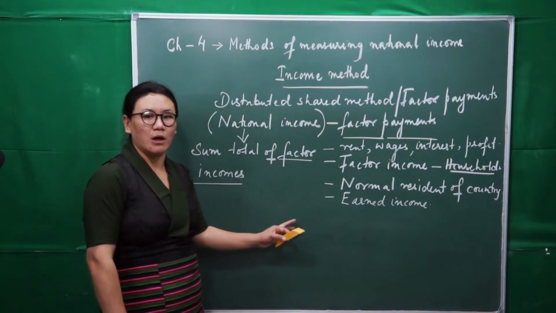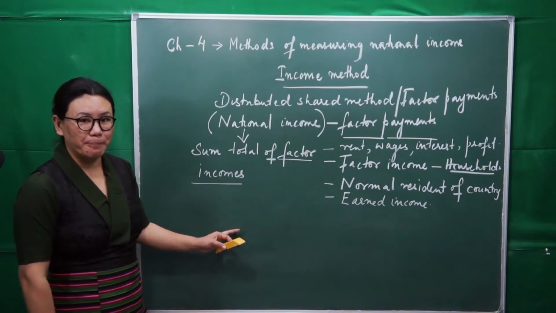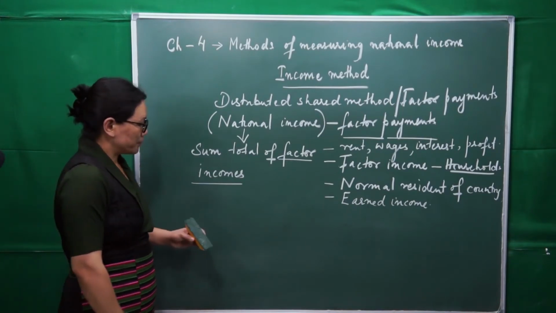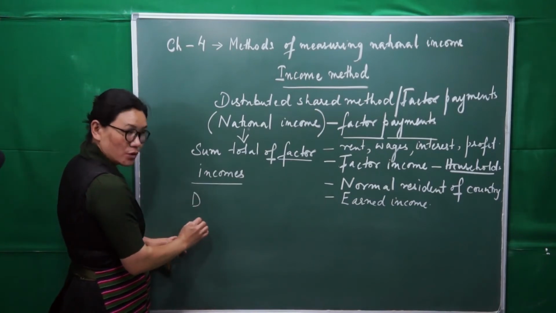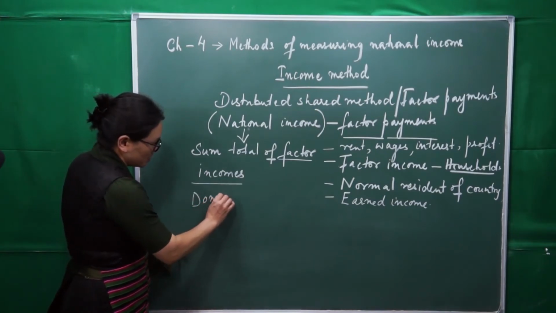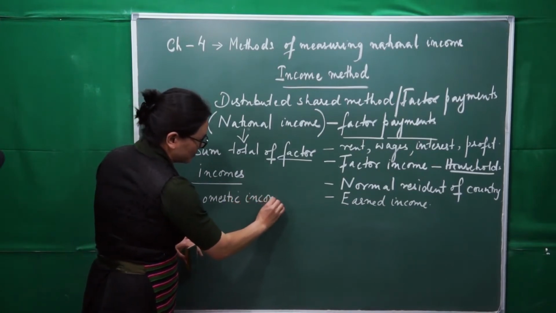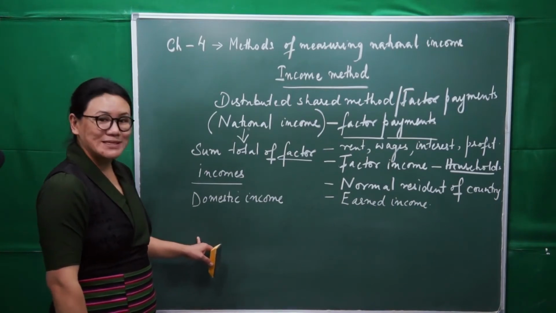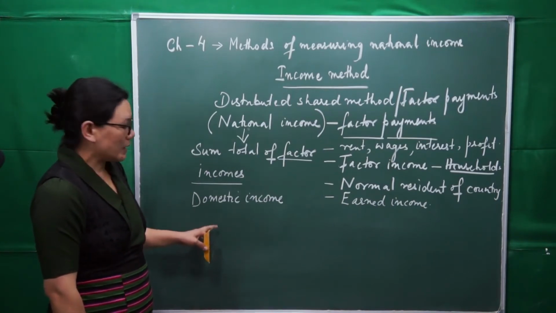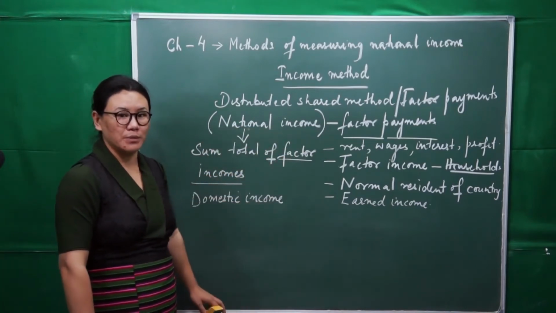This we have already discussed in my first video. Now see here, with this we also have the domestic income concept. Now what is this domestic income and how will this domestic income become national income?